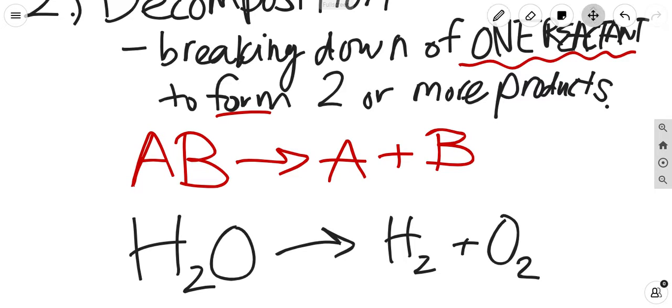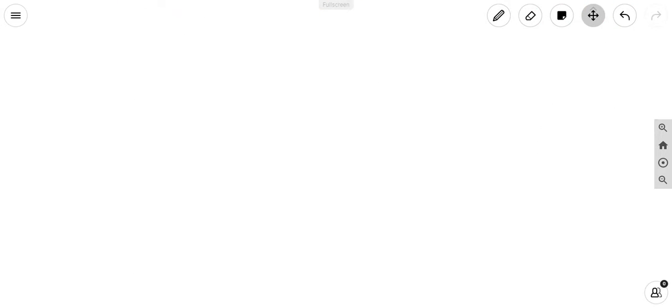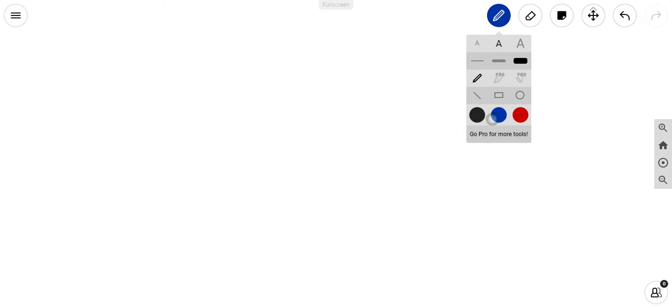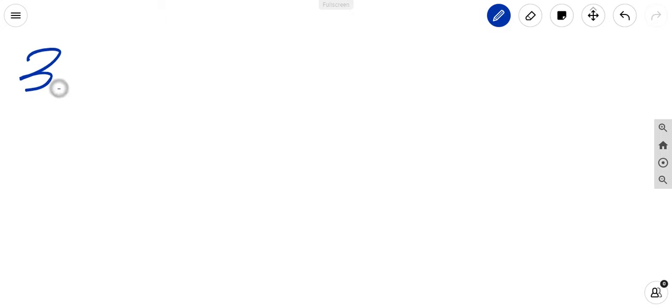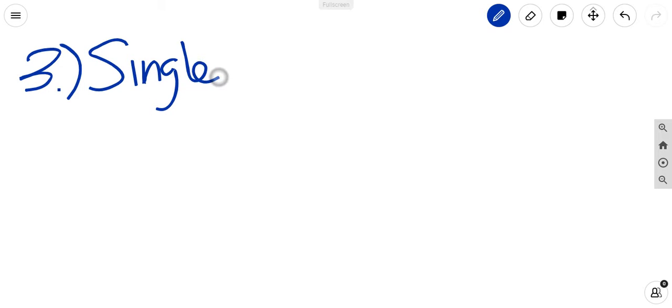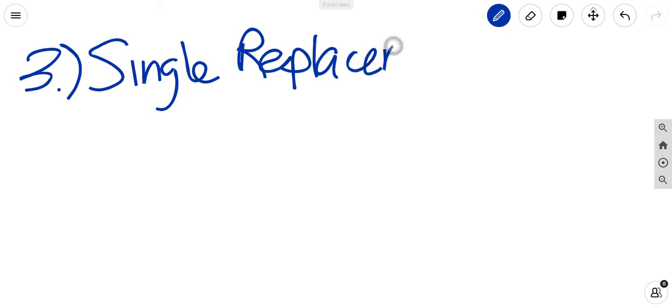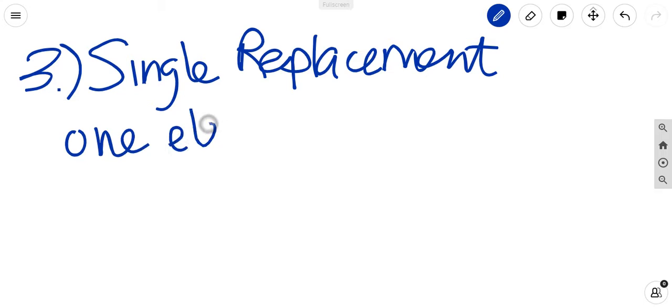Next, our next reaction type is something called a single replacement. In a single replacement, the word single means one. So one element is going to switch with another in a compound.